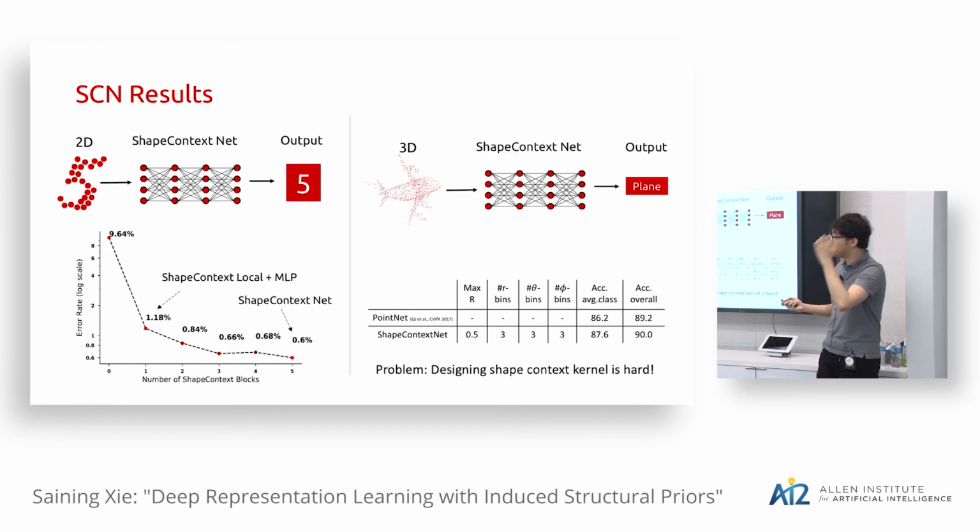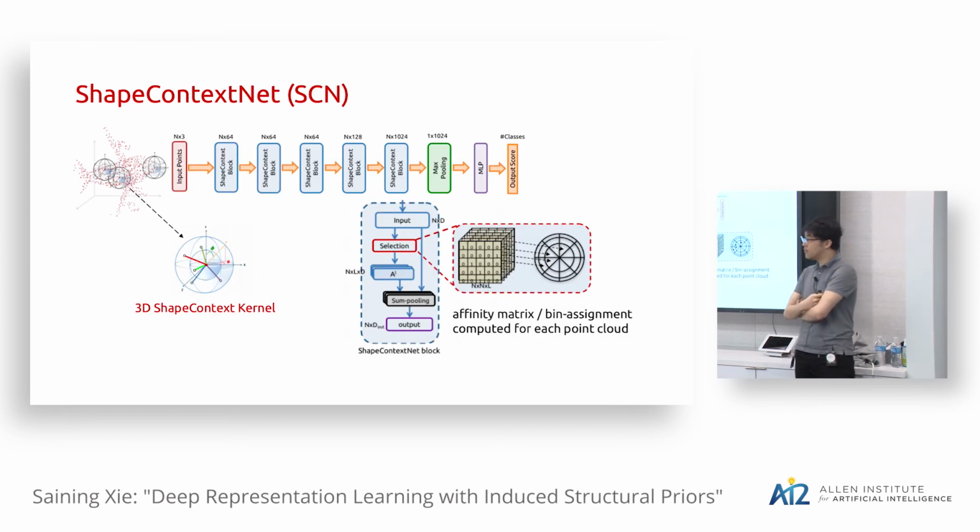Okay. So then the order of points would matter here? Because if you order the points randomly each time, the output of each filter would be different. Actually, it does not matter.